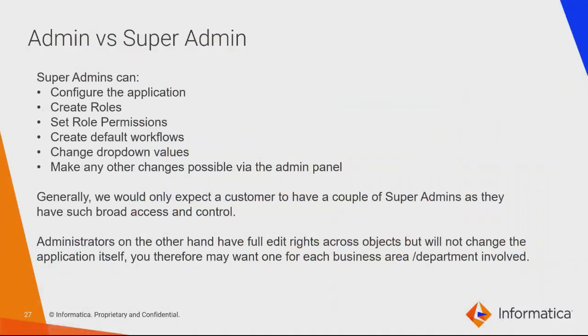Admin versus super admin. Super admins in Axon can configure the application, create the roles, set role permissions, create default workflows, or change drop-down values, or make any other change possible via the admin panel. Administrators, on the other hand, have full edit rights across objects, but will not change the application itself. Therefore, you may want one for each business area or department involved.